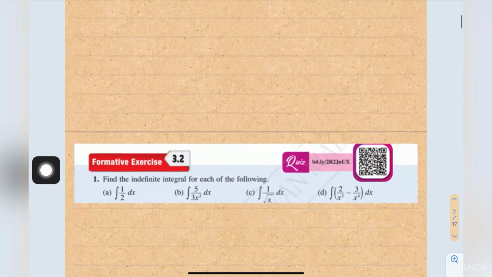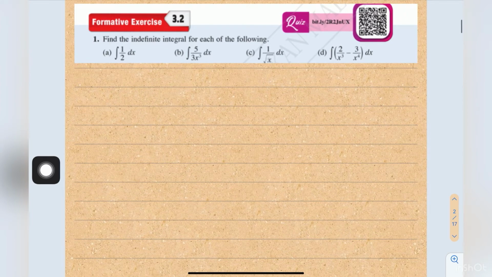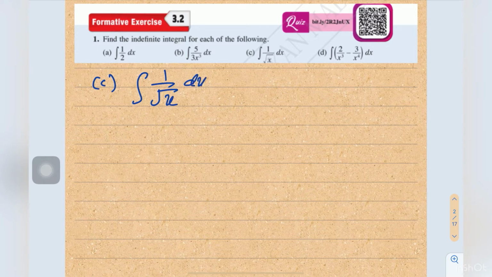Question c. Integrate 1 over square root x dx. Square root x is power of half, and then we move up. It becomes x power of negative 1 over 2 dx.